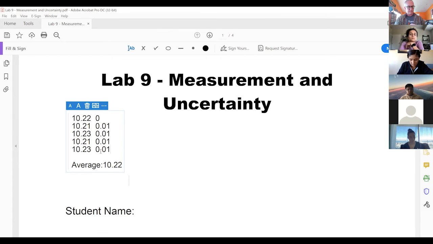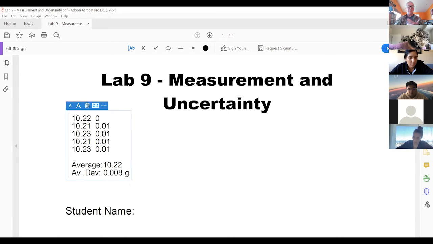So 0.04 divided by 5. So my average deviation is 0.008 grams. That would be my average deviation for cup number one.